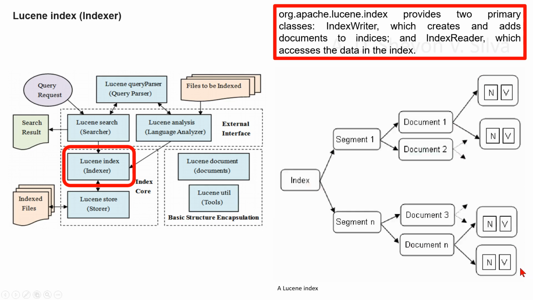Now we are considering the Lucene index. A Lucene index is an inverted index. An inverted index means that the content of the documents that are analyzed has their important terms indexed as a pair consisting of a field name and a field value.